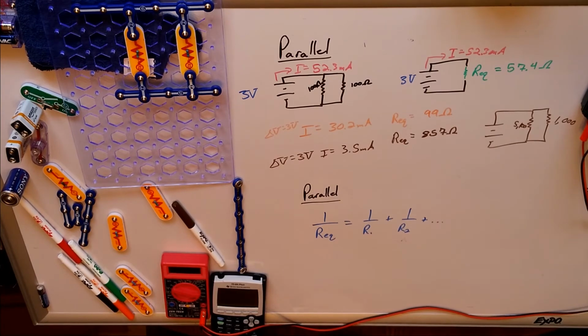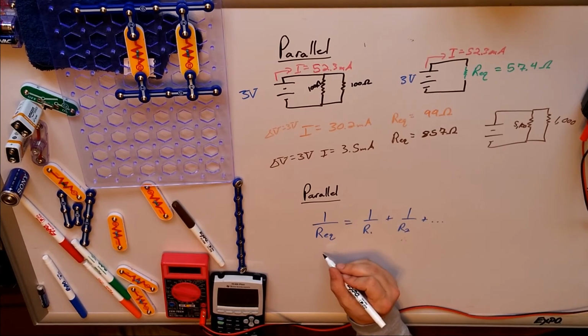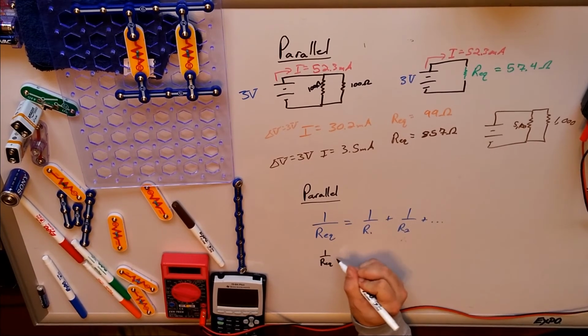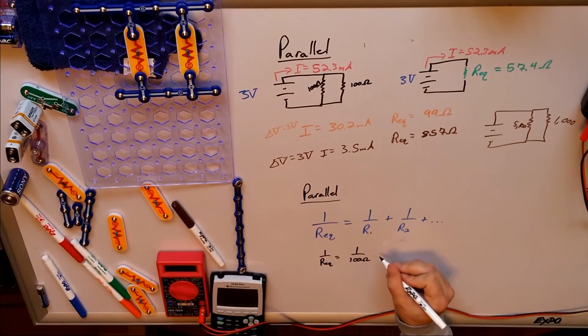These add reciprocally. In other words, we add them as 1 over. Let's double check. So on the very first one, we had 100. So I have 1 over my equivalent resistance equals 1 over 100 ohm. I'll turn this off.